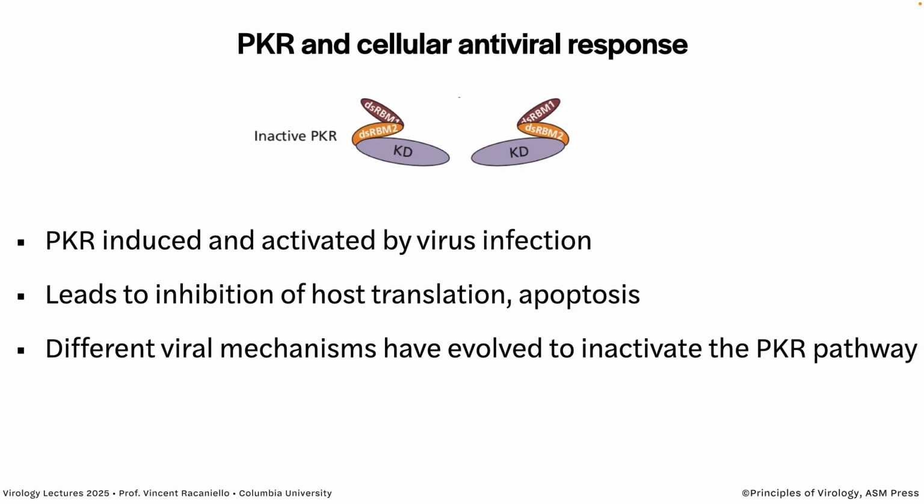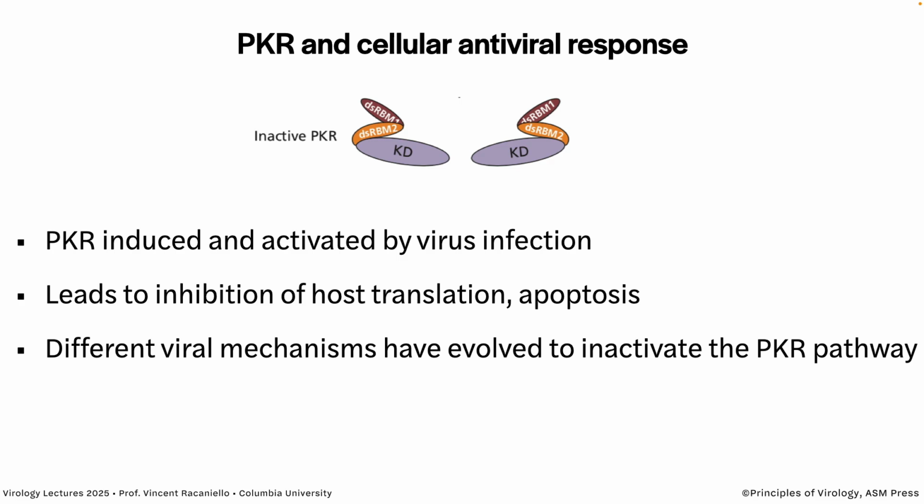Okay? Now, PKR is a very interesting protein. It's actually induced and activated by virus infection. I've told you how it's activated by double-stranded RNA. It's induced by interferon, which we're going to talk about in a couple of sessions. It's one of the interferon-induced proteins. So interferon is an antiviral defense, and this is part of the antiviral defense.